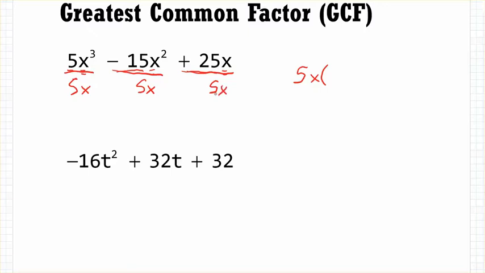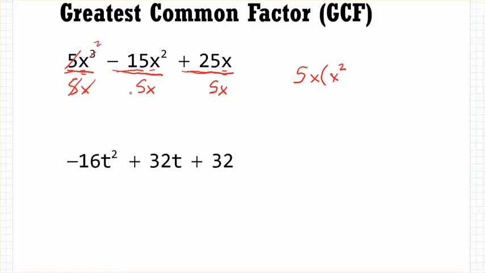We know that when we divide terms, we subtract powers. So the first one, you'll see the 5's cancel out, and one of the x's cancel out. So after factoring, this would be just x squared.